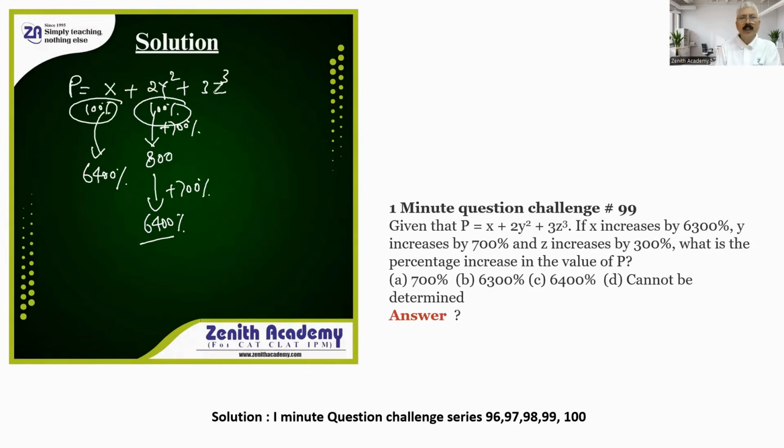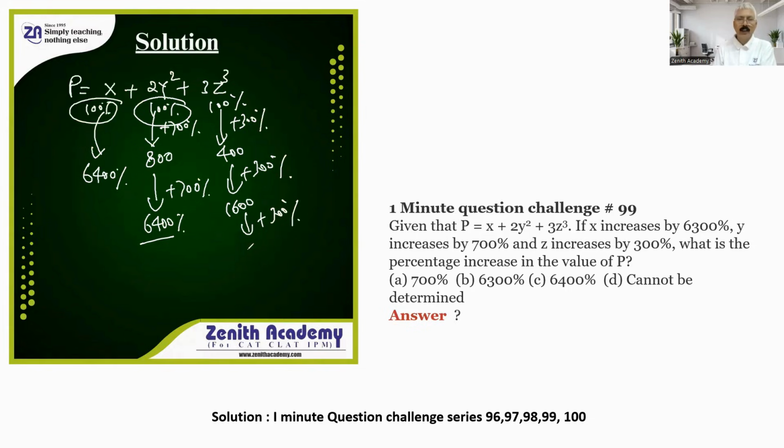And similarly, 3z cube is three successive changes. Here, the first change is 300%. So if it is also initially 100%, it becomes 400. Then again 300% of 400 is 1200. 1200 plus 400 is 1600. And then again plus 300% means 300% of 1600 is 4800.